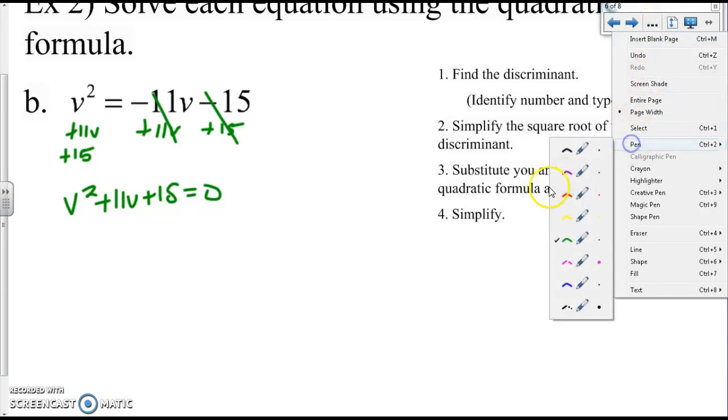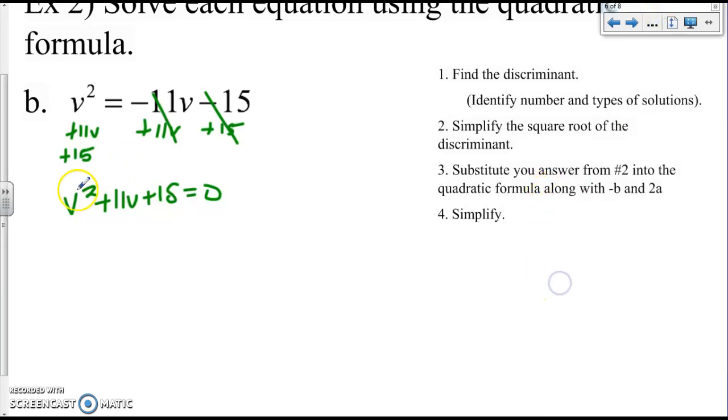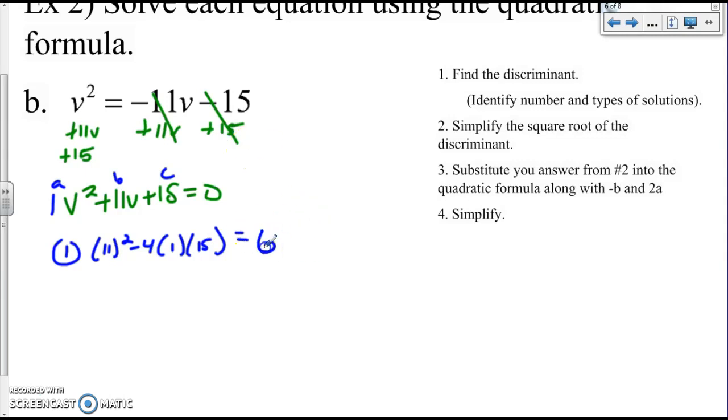We're going to find our discriminant to start. So a is 1, b is 11, c is 15. And we're going to do b squared minus 4 times a times c. Type that in our calculator. And we get 61 for an answer.